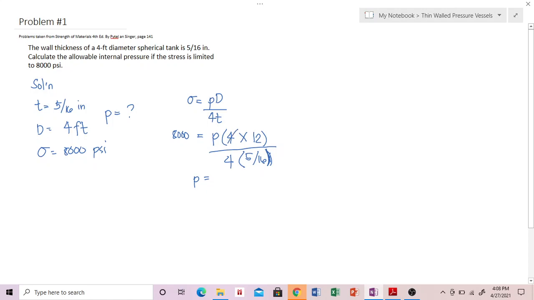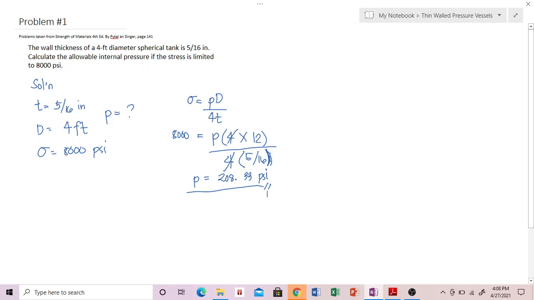Cancel out na yung 4 dito, magkakaroon ka ng 8,000 multiplied by 5/16 divided by 12. That is equivalent to 208.33. Okay, the answer, the internal pressure is equivalent to 208.33 psi. So this is now our final answer for problem number 1.